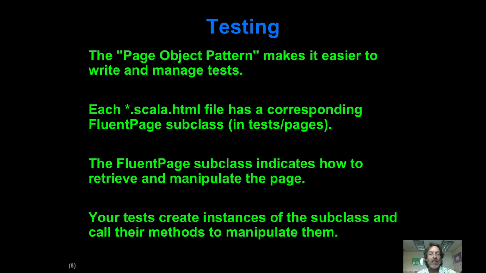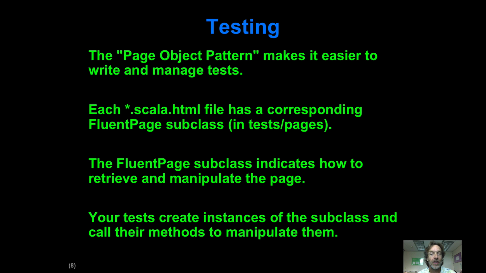Testing. There's this nice thing called the page object pattern, which comes as part of this Fluent Lenium package that's got nice integration with Play and a fair amount of documentation. And as you'll see, you basically define a Fluent page corresponding to each of your Scala.html pages, and then inside that class definition, you write code that explains how to go to that page and how to fill out forms in that page and manipulate that page in any way you want to.